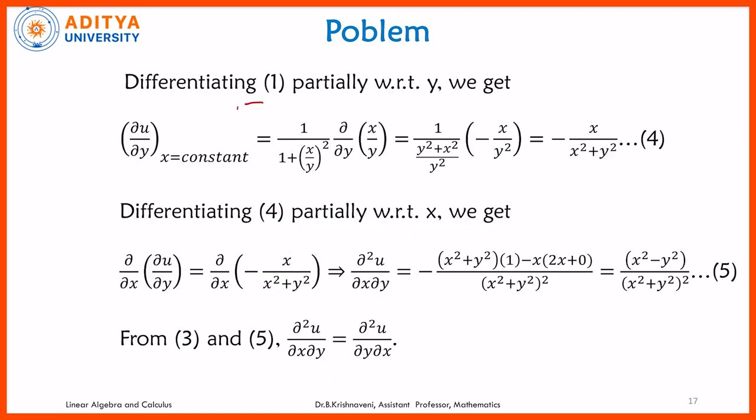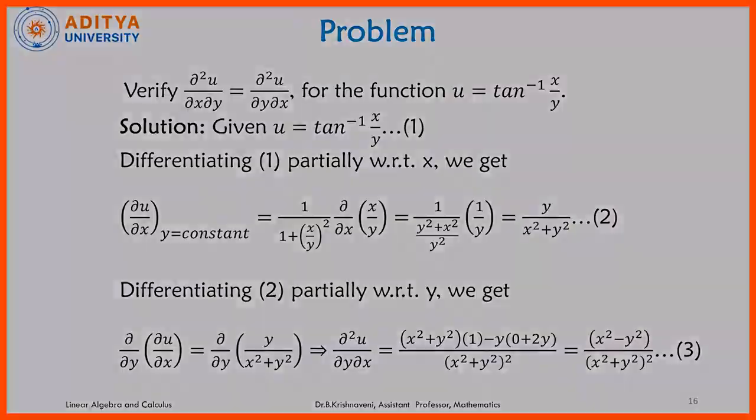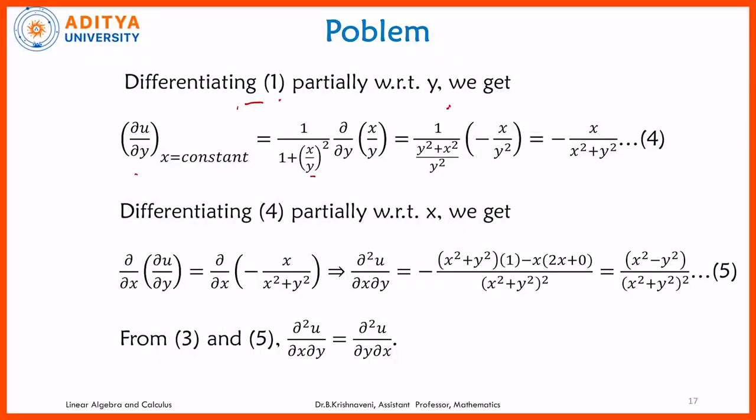Now, do the partial derivative, differentiating equation 1 partially with respect to y, that is dou u by dou y, where x is constant. The equation is u is equal to tan inverse x by y. Now, the derivative of u with respect to y: first the tan inverse derivative, 1 by 1 plus x by y whole square, into the inner derivative of the function, that is dou by dou y of x by y.